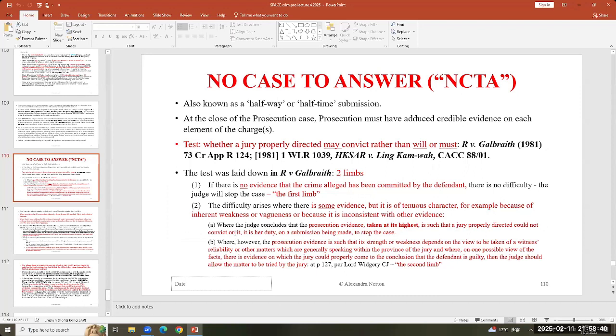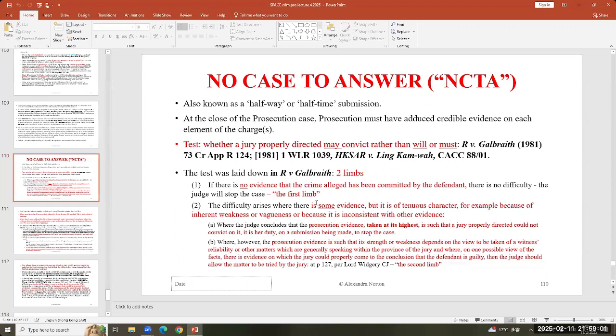This is the test that has to be applied at the close of the prosecution case, whether the jury properly directed may convict rather than will or must. That's the Galbraith test. And this is a very low threshold for the prosecution to satisfy. It's way lower than beyond reasonable doubt.